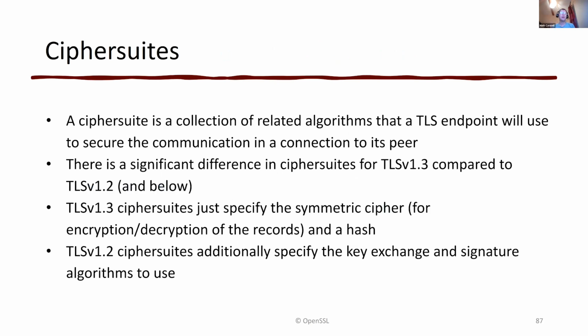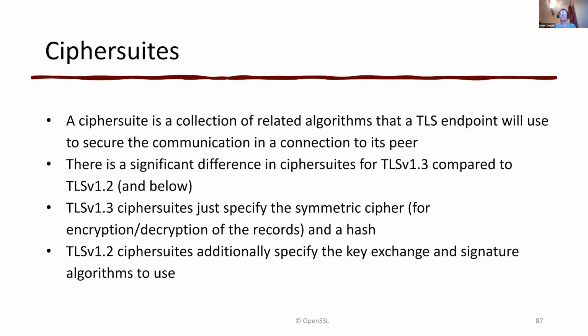Okay, I'm going to talk a little bit about Cipher suites now. So a Cipher suite is basically a collection of related algorithms that an endpoint is going to use to secure communication with its peer. There's quite a big difference between Cipher suites in TLS 1.3 compared to TLS 1.2 and below.